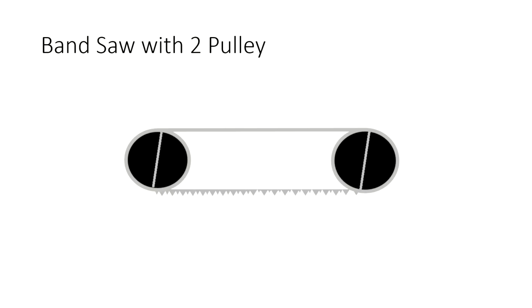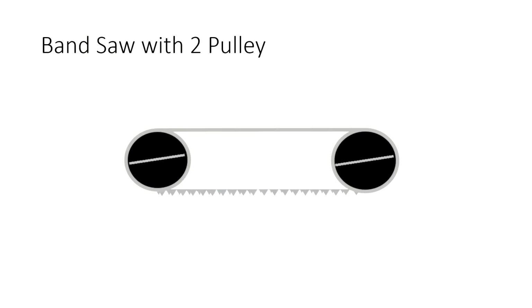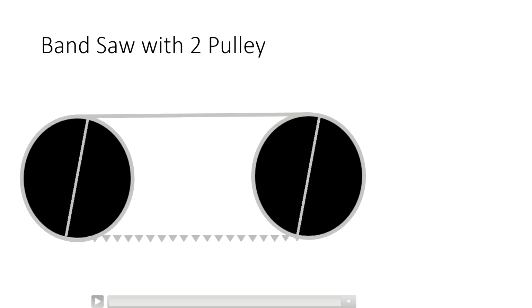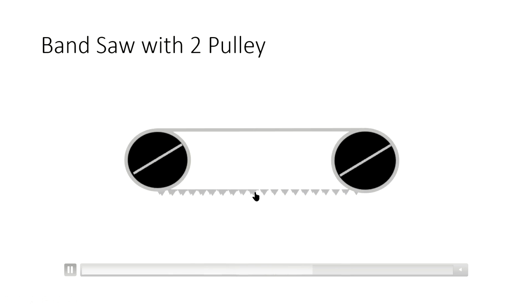With the same angular velocity for both pulleys, 145 rpm, we can tell the difference between the two sizes: the larger pulley drives the bandsaw slower than the smaller pulley.